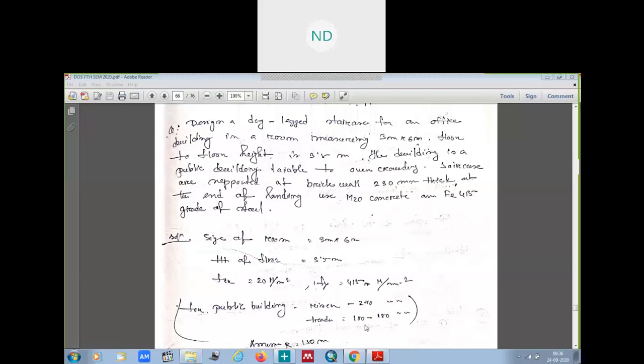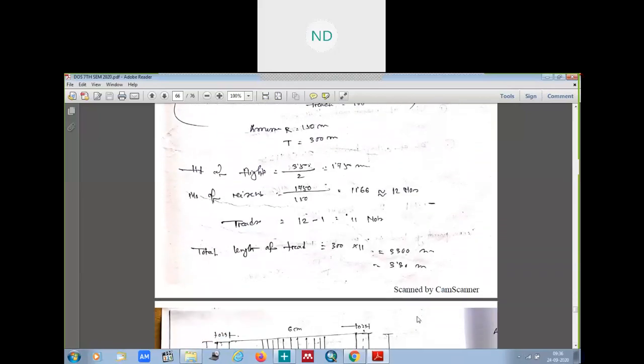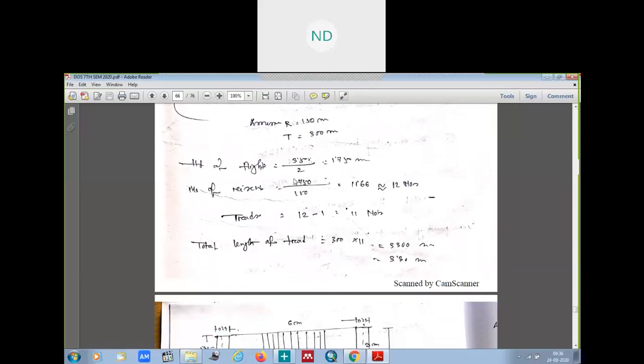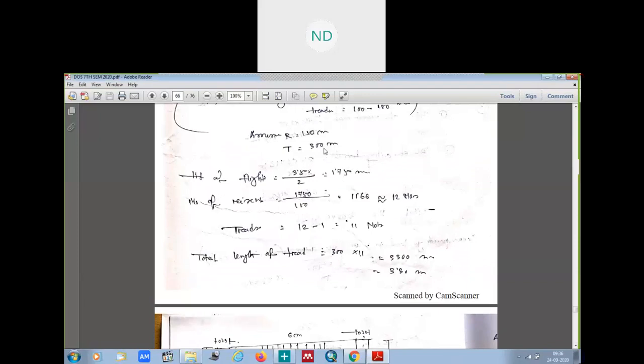Here, if you see, we are assuming in our question our riser to be 150 mm and the tread we are taking to be 300 mm. I told you because it is an overcrowded public building, we are trying to keep it safe and take the tread to be 300 mm.